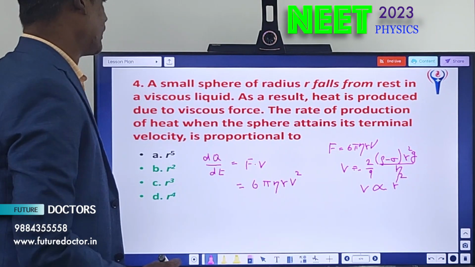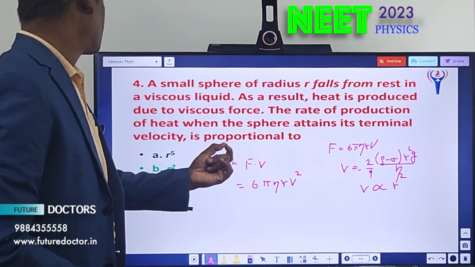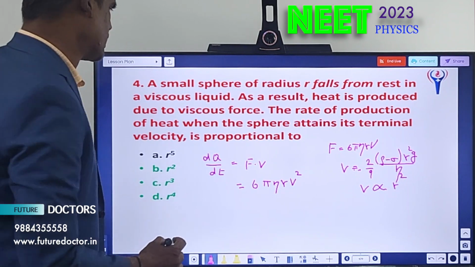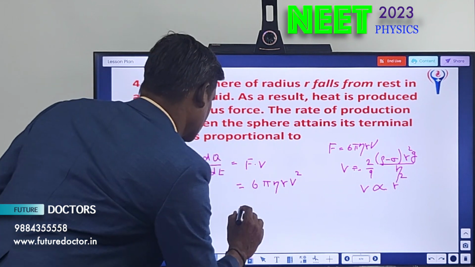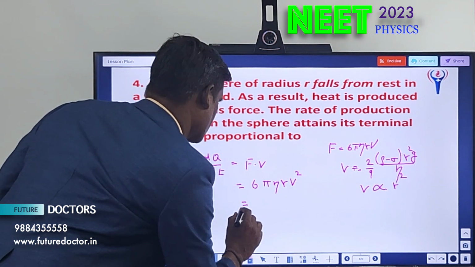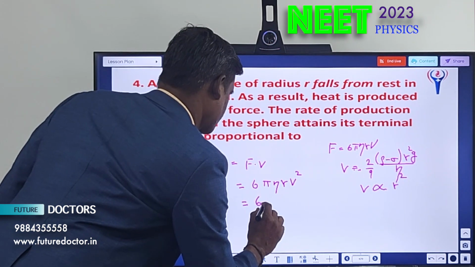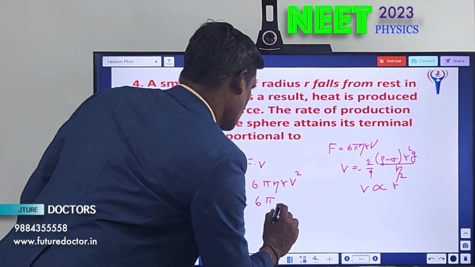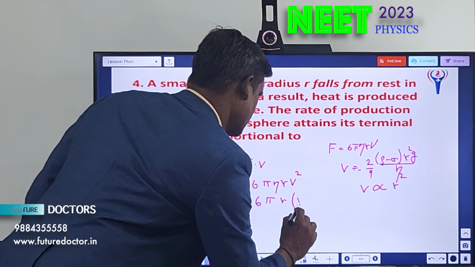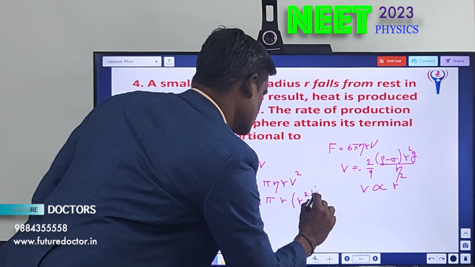And the rate of production depends upon, that is proportional to, only... there's a question. Then substitute v proportional to r square here. Then dq by dt equal to 6 pi and v is r square. So r into r square is r square whole square.